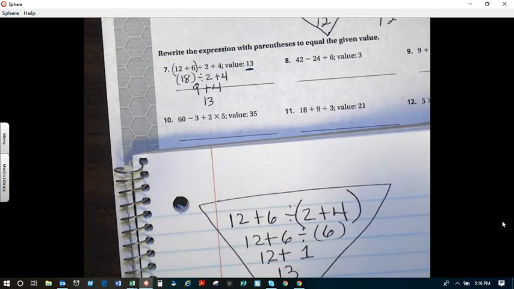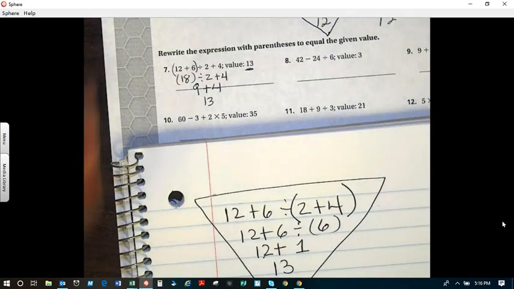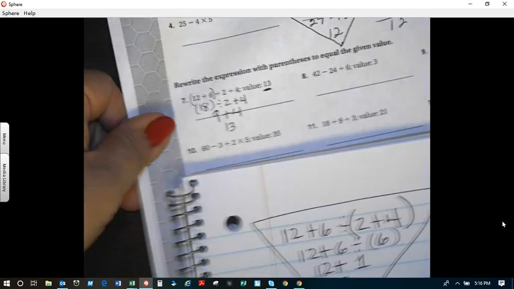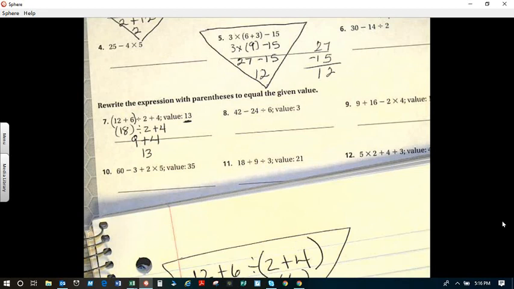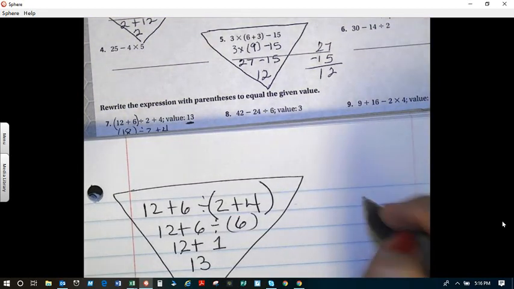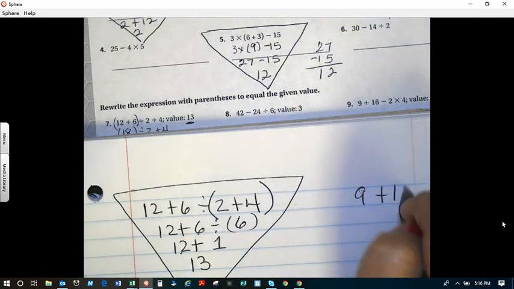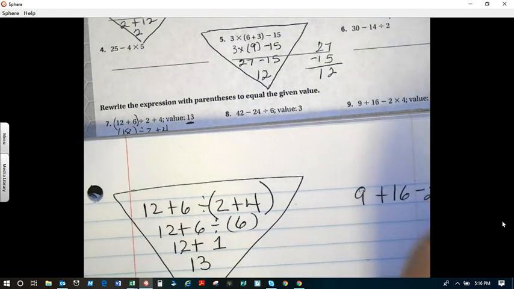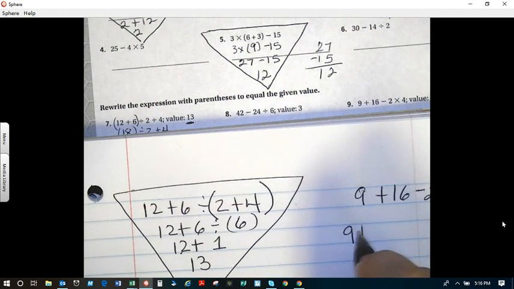So let's look at number 9. And I'm going to put number 9 on my notebook paper because it gives me more room to work with without having to clutter everything. So number 9 is 9 plus 16 minus 2 times 4. I need to get to 17. So I'm going to do 9 plus 6 minus 2 times 4.